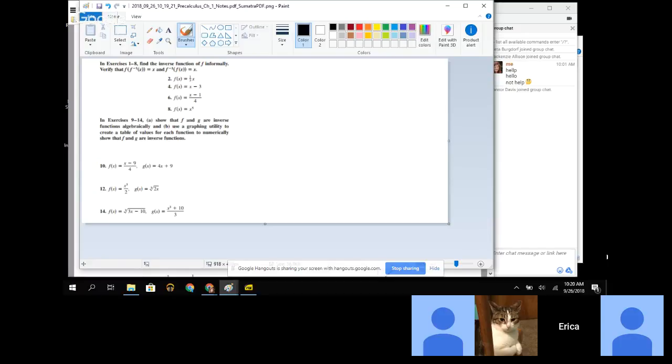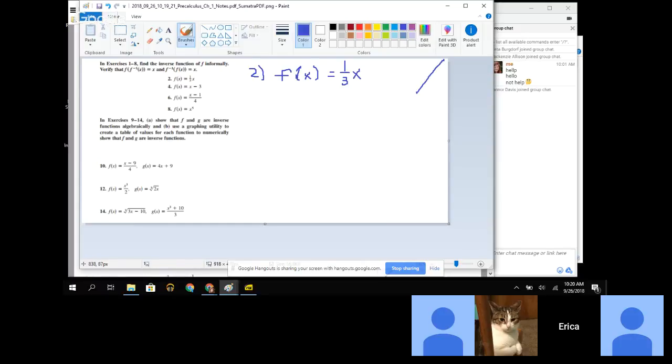So for example, if we want to find the inverse of number 2, f of x equals 1/3 x. This is a line, so it's going to have an inverse, right?